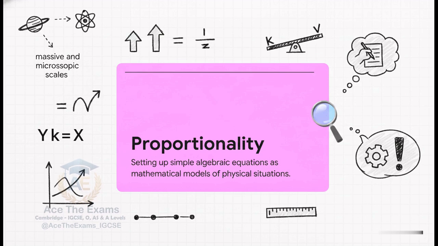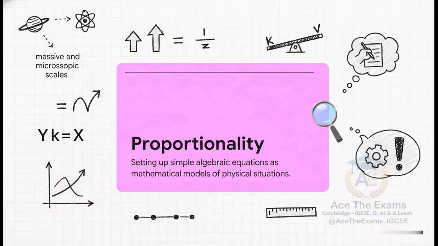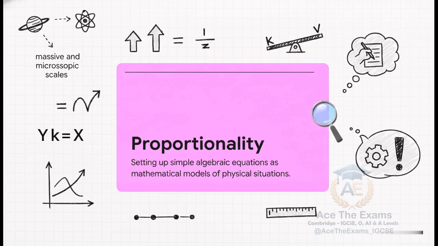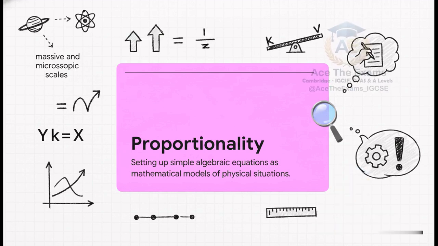I mean, from calculating the orbital mass of a planet down to determining the microscopic charge of a single electron, you literally need standard form. And proportionality, recognizing direct relationships like Hooke's law, or inverse relationships like pressure and volume, that is how you set up simple algebraic equations as actual mathematical models of physical situations. Once you realize an equation is basically just a model of reality, spotting the examiner's proportionality clue becomes incredibly intuitive.